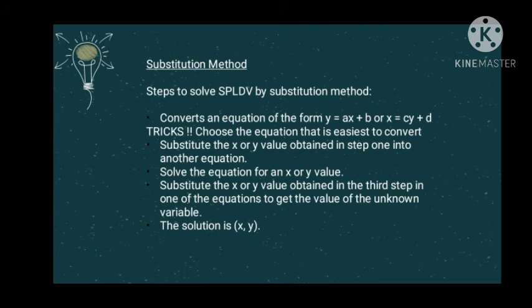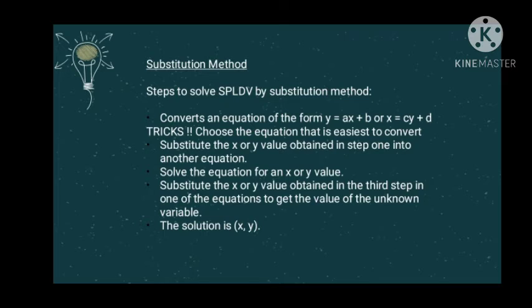Next, the substitution method. Step 1: convert an equation to the form y equals ax plus b or x equals cy plus d. Tip: choose the equation that is easiest to convert.